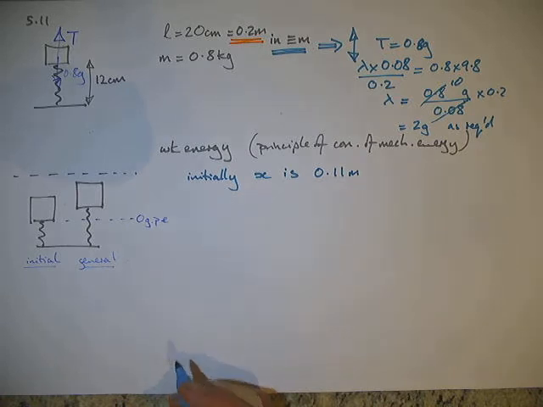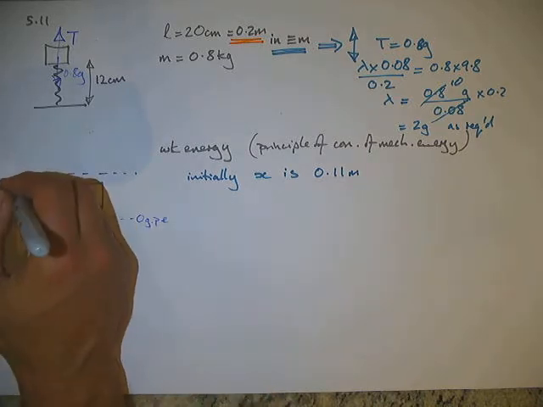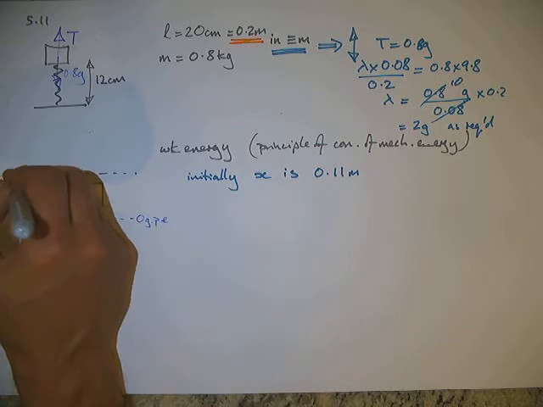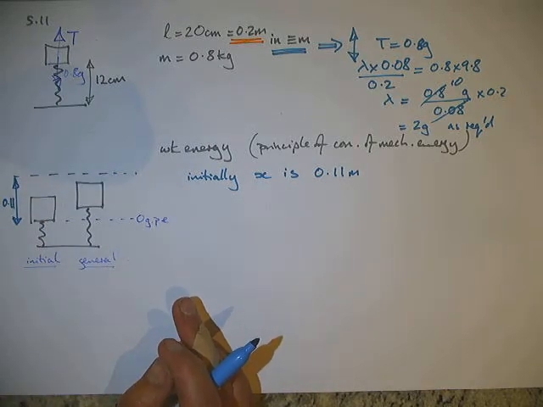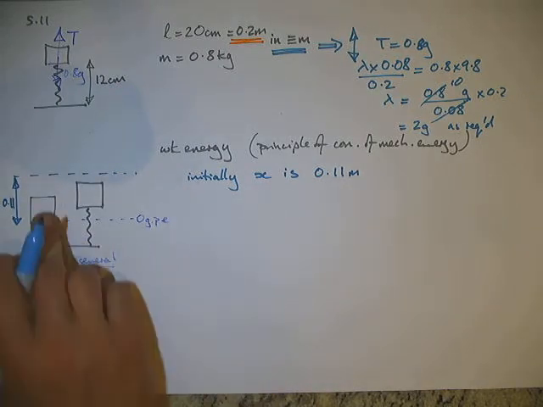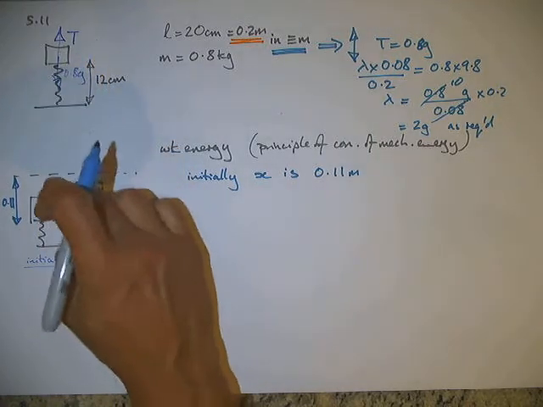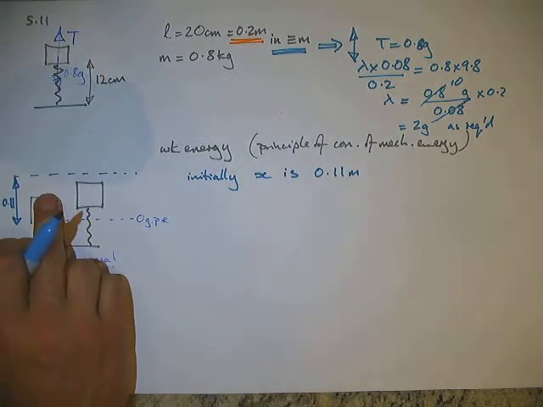Okay, so it's compressed 0.11 meters from its natural length. If that was the equilibrium position and it's pushed further down, it's going to spring up. We're looking for the maximum speed of the sphere in the subsequent vertical motion.